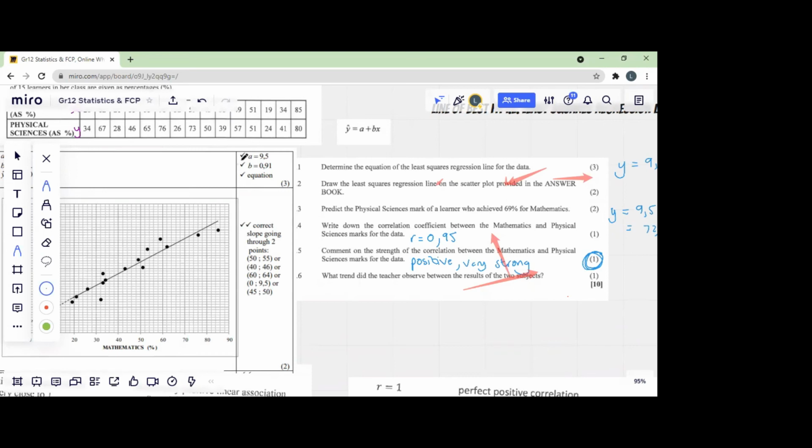That's perfect, well done. So the higher the marks in maths, the higher the marks in physics. Excellent.